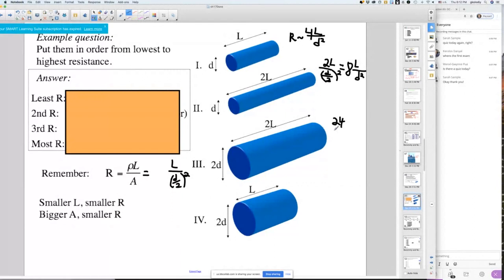I messed up an L here. So it'd be 2L. Again, we're using the same formula divided by d, but this is 2d, so 2d squared.